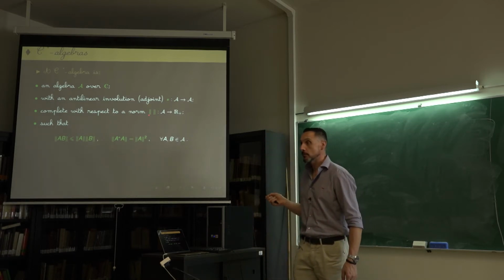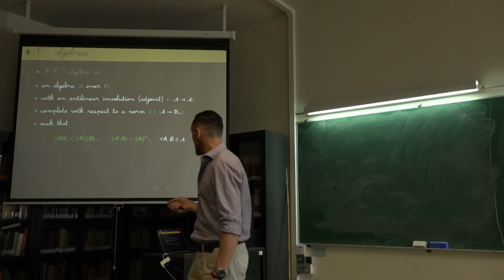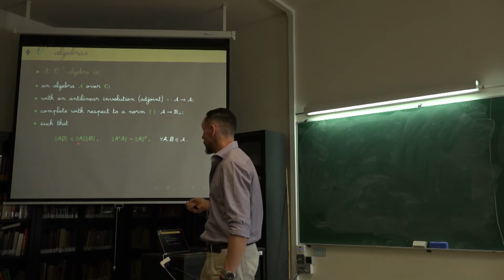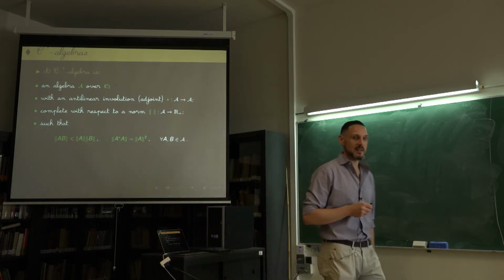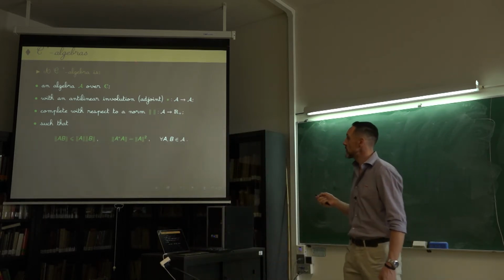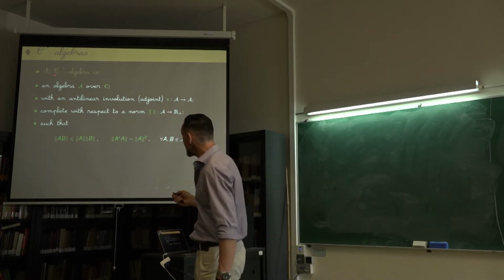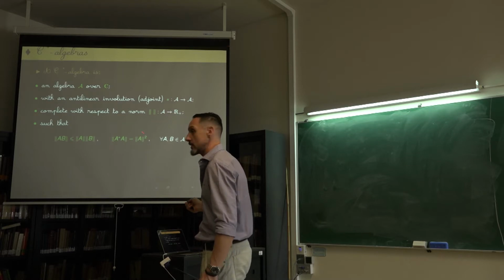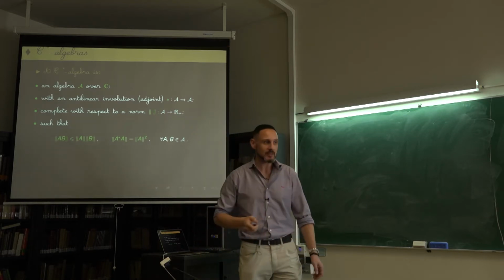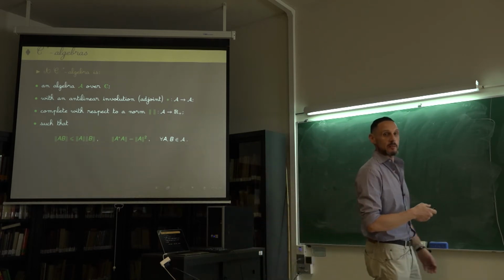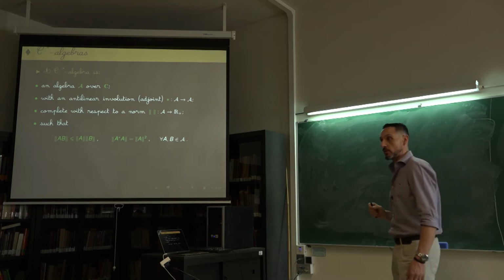There is a norm. Then it's complete with respect to this norm. And the product is continuous with respect to the norm. This means that this algebra indeed is a Banach algebra, and because of the star, a star Banach algebra. But the C in the name comes from these properties. These properties look quite trivial, but indeed they are very deep. This is called the C-star property of the norm.